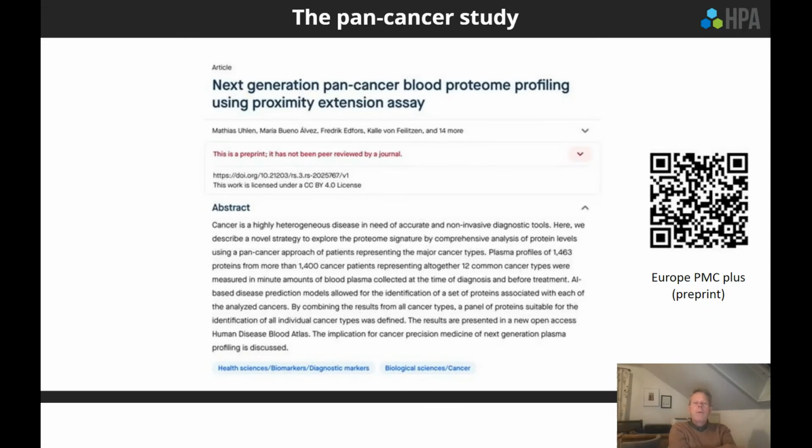But I think we're quite fortunate that many of these very common cancers, we do have these kind of secondary screens.